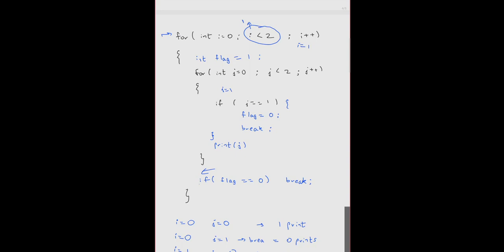So unless someone explicitly says you to use go to, don't use that. When we are breaking, we set the variable to 0. Now we come out of the for loop here. We check if the value of flag is 0, which means that we executed the break statement. So we break out of this again.